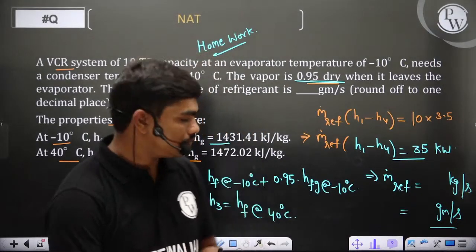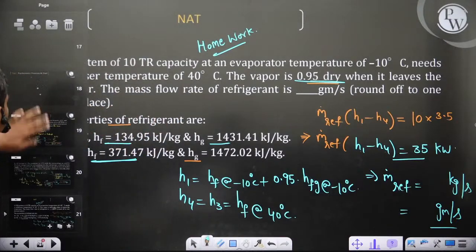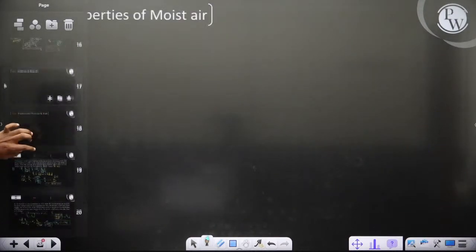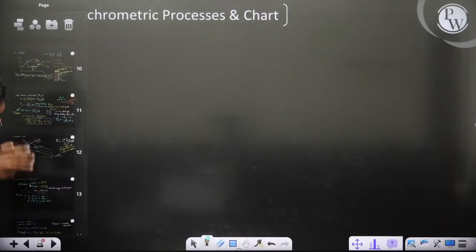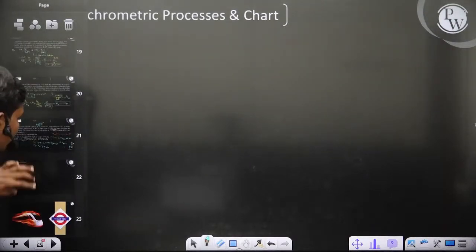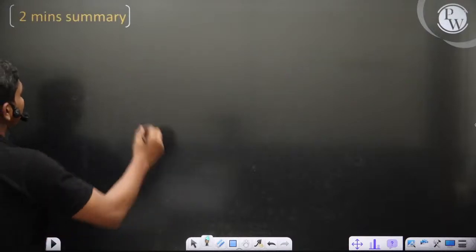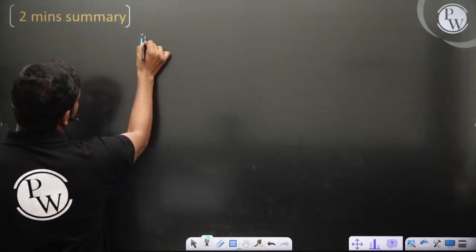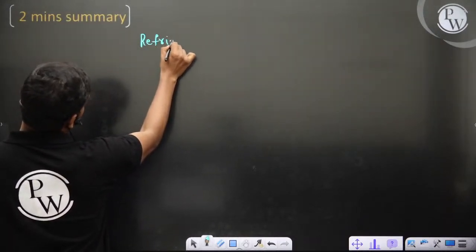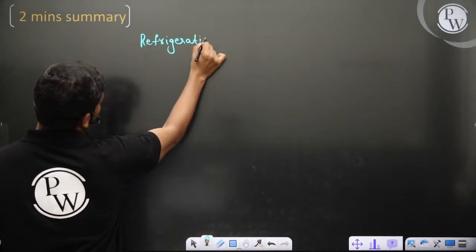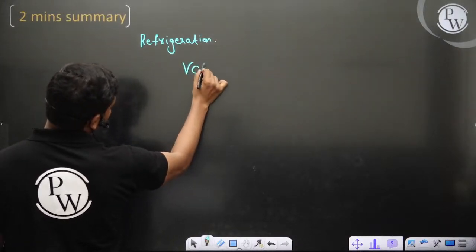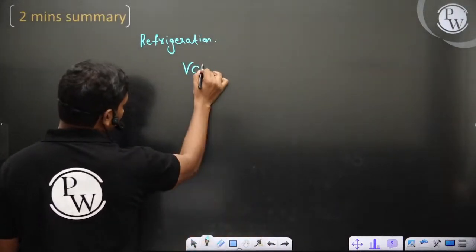Clear? Fine. I thought of doing some psychrometrics also today, properties of moist air and psychrometric processes, but of course VCRS has taken good enough time. But anyway, the Joule-Thomson coefficient, because some of you asked doubts. In today's class, basically we talked about refrigeration: VARS, VCRS, cycle performance and all the stuff.